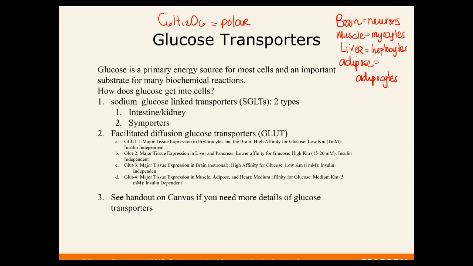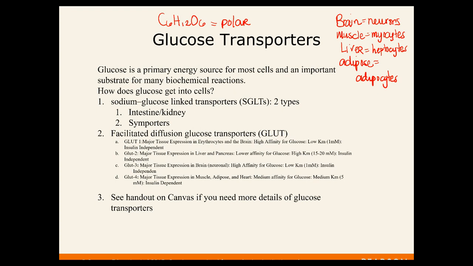Okay, so with this in mind, glucose is critical for our cells as an energy source and is super important in biochemical reactions. And how will it get into cells so that we can utilize it for energy? The answer to that is it depends on the cell type.